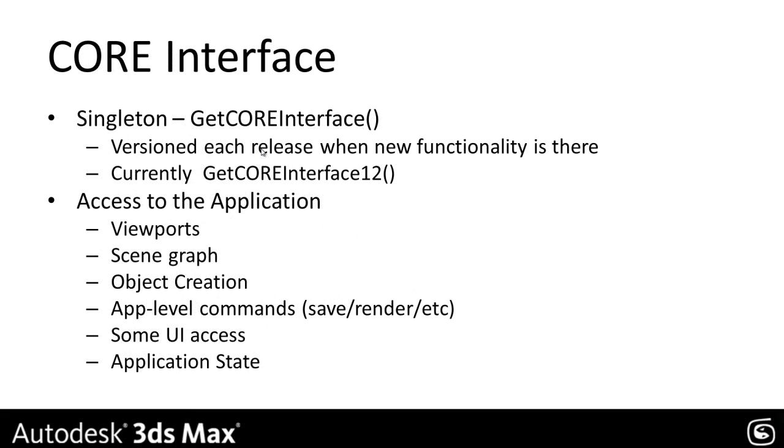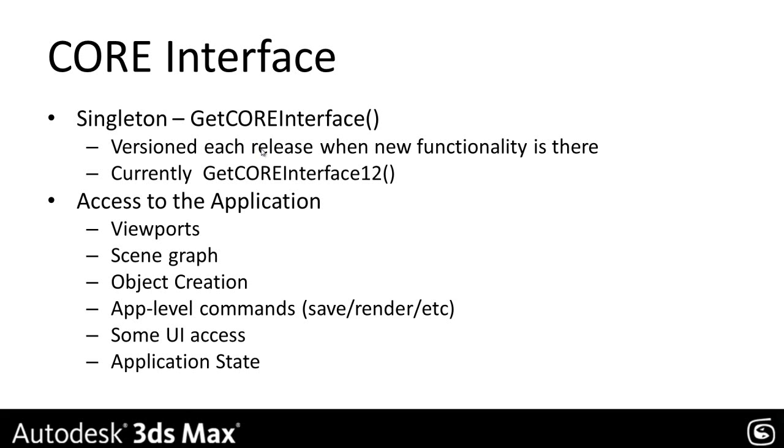So the core interface is something that is the root of the application. It's a singleton; you're going to call get core interface, and it's going to give you an interface to access the application. So you'll have access to things like the viewports, the scene graph, the ability to create objects, and app level commands.